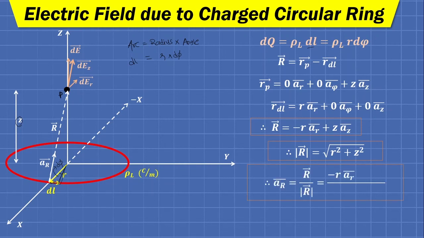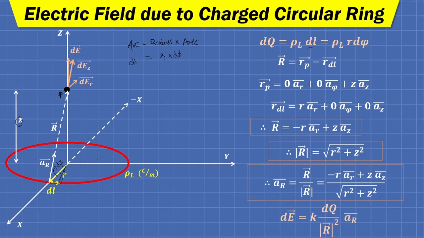The unit vector in the direction of the distance vector can be found by dividing the vector by its magnitude. Finally, using this simple equation and putting all the values in, we can find the intensity due to dL at point P. Once we determine the intensity, we will take the closed line integration from 0 to 2 pi.